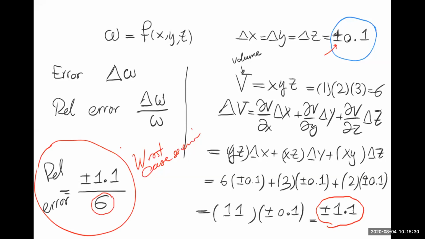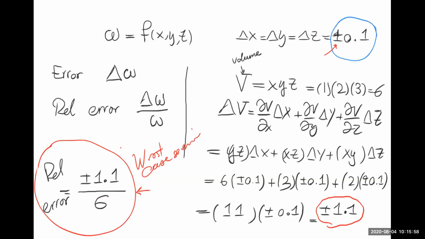So for example, if the volume of the box is 6, this much error might be significant. But if we had another box whose volume was 100, with the same amount of error, it wouldn't be important because this ratio would be very small. So this ratio in some sense shows how much this error really matters to us.